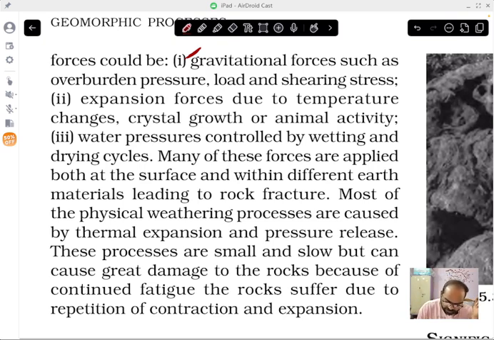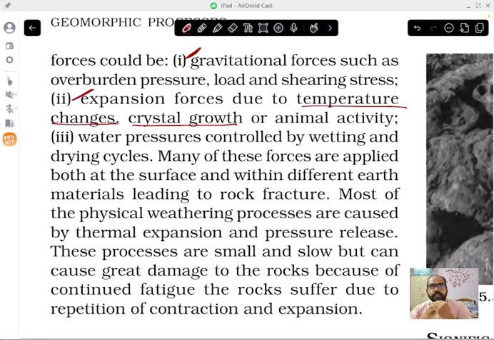And second one is expansion due to temperature changes, crystal growth. Expansion. See, in desert regions, we can see a high range of temperatures. In daytime, we can see a high degree of temperature, and at night time, it suddenly cools down.